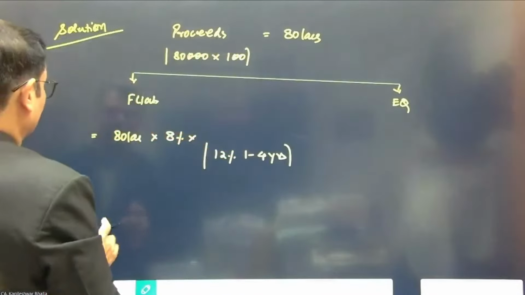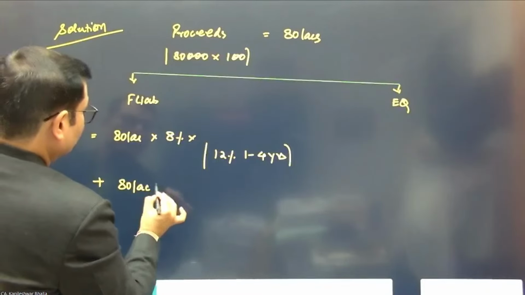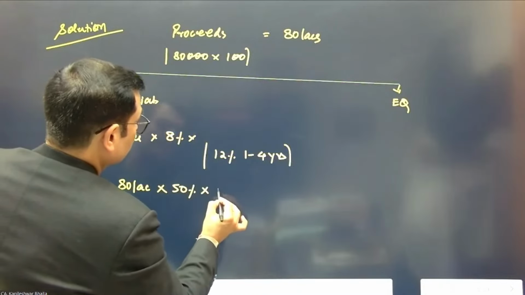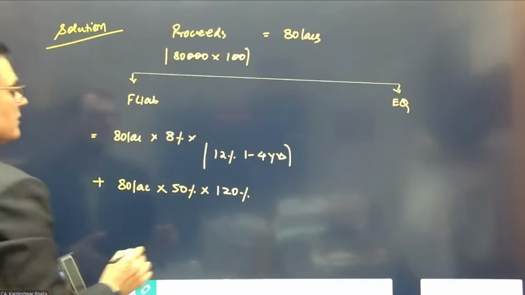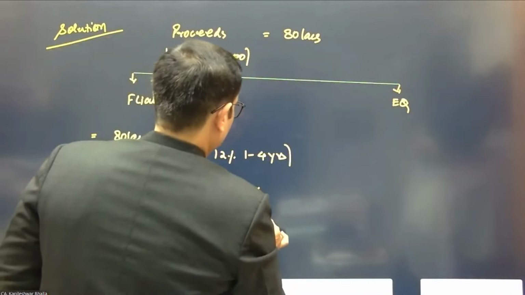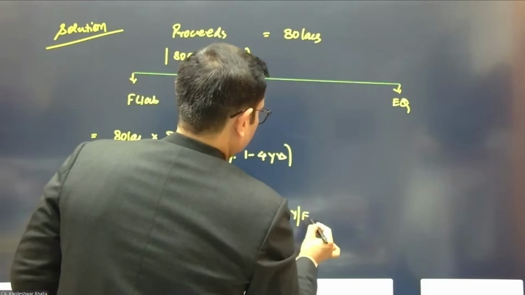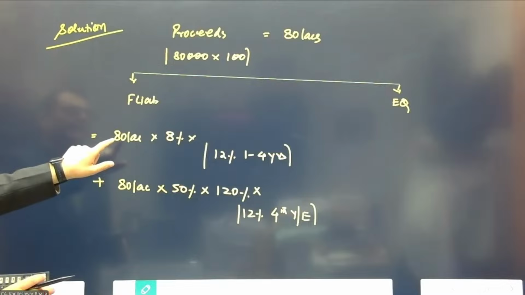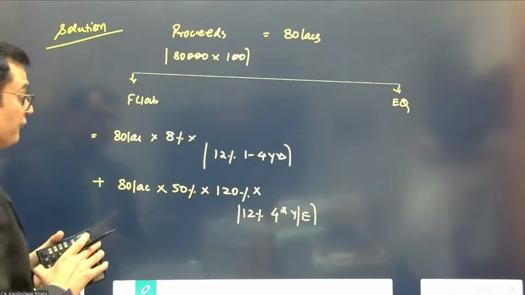So now, and also the principal. Now, as far as the principal is concerned, we need to pay only 50% principal in cash at a 20% premium. So let's take it as 120%. So this is going to be discounted at the rate of 12%. That is fourth year end. So there are two elements of financial liability. One is the interest paid every year, and one is the principal, but only 50%.